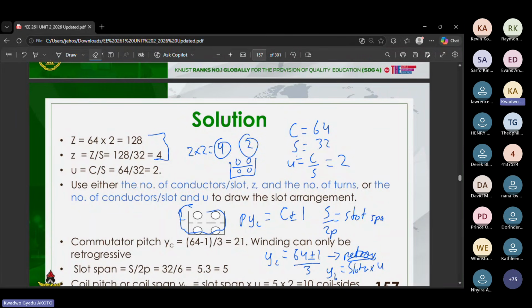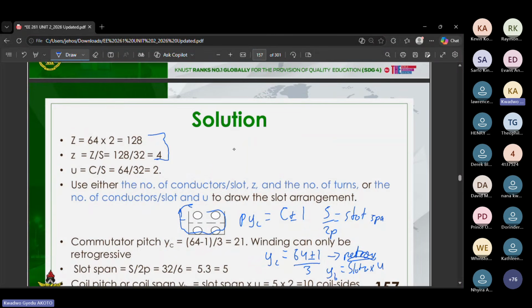So the question says we have 64 single-turn coils, right? And the number of turns per coil is equal to the number of rows per layer. So if we have single-turn coils, then each layer of our slot is going to have 1 row, and we know it is a 2-layer slot.